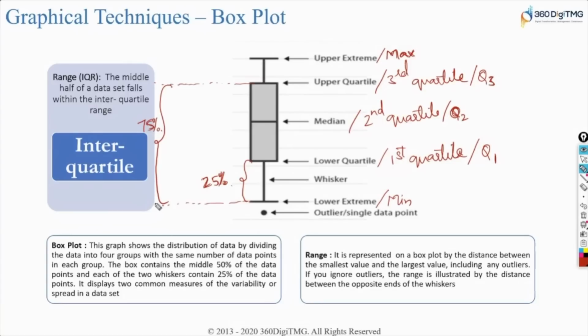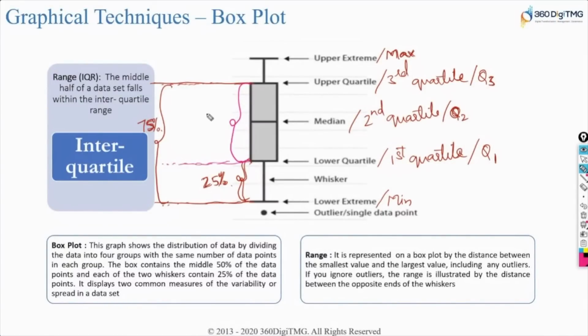If from the minimum value to the third quartile you have 75% of data, and from the minimum value to the first quartile you have 25% of data, then my question to you all is, what percentage of data would lie here in this region?